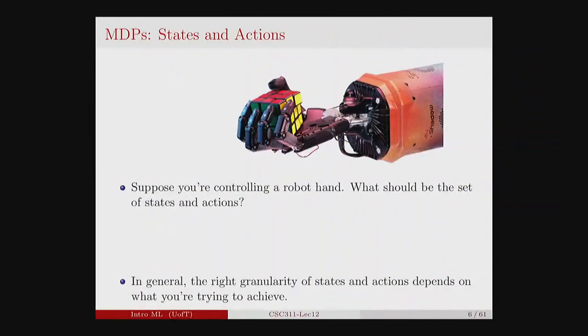So that's the states and actions. Let's say you're controlling a robot hand, you can think about what the set of states and actions could be. The states might be the positions and locations of all of the sensors in this robotic arm. And the action might be whether one of these sensors is moved, in which direction, and with how much force. The states could also be the orientation of all of the colors in this Rubik's Cube.